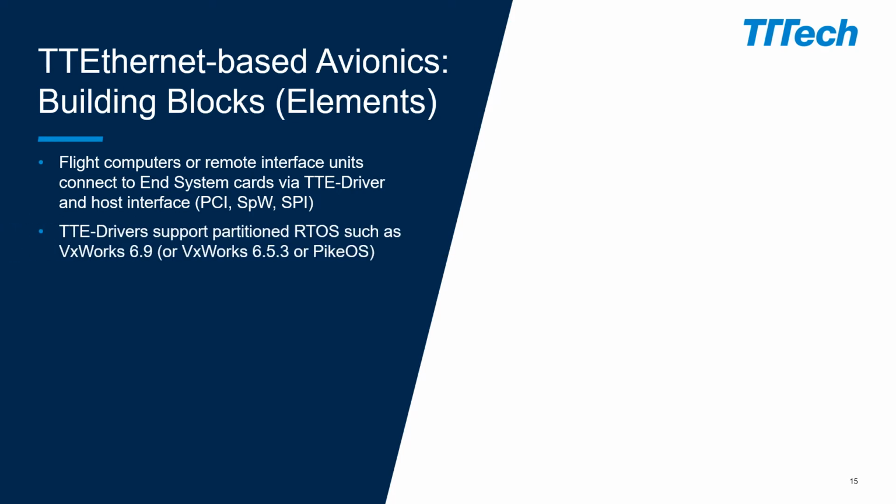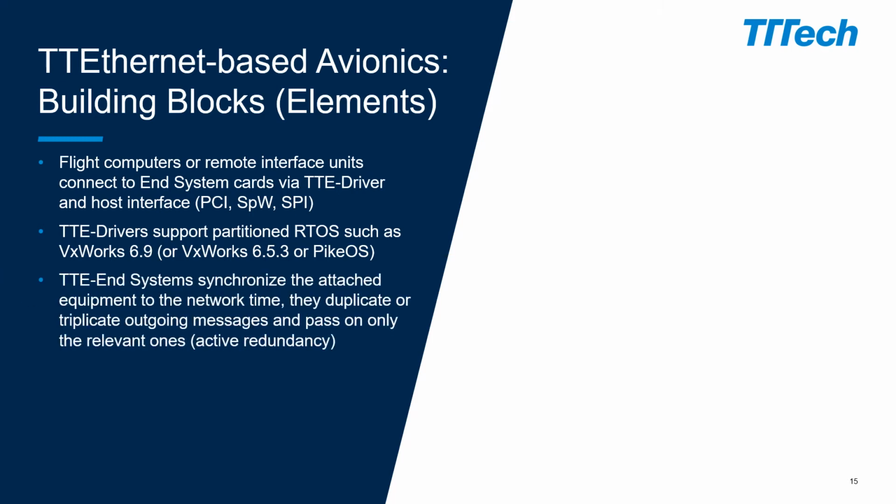And the driver software supports partitioned real-time operating systems like VxWorks 6.9 or VxWorks 6.5.3 or PikeOS. The end systems then synchronize the attached network equipment, and of course they automatically duplicate or triplicate outgoing messages, and on the receiving side, pass on only the relevant messages.